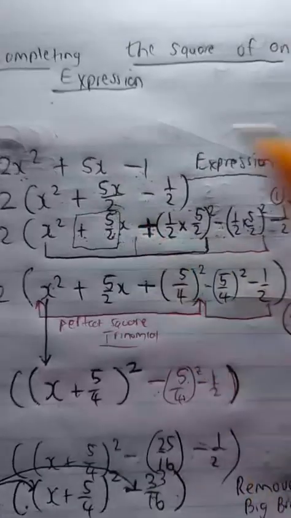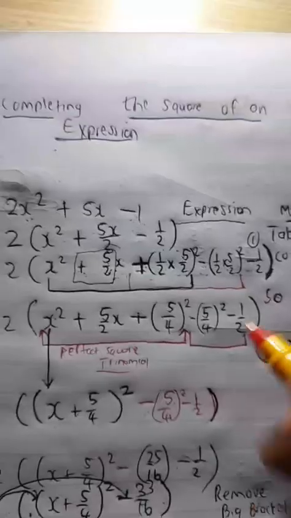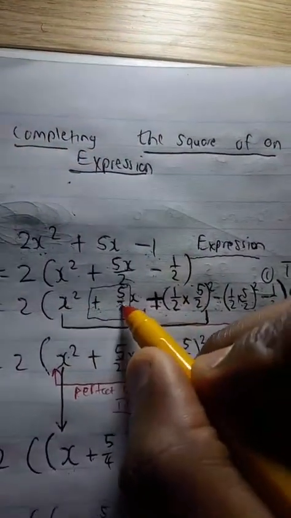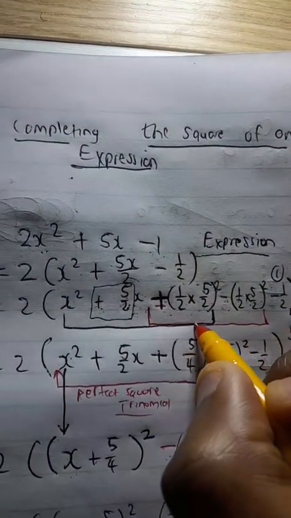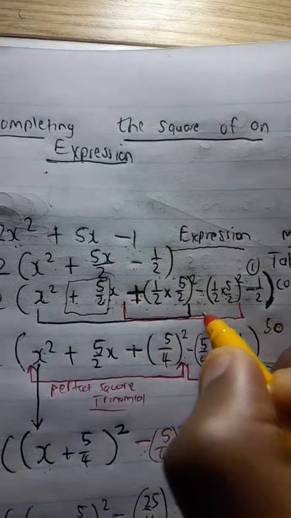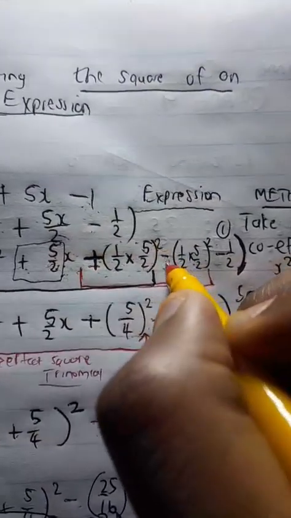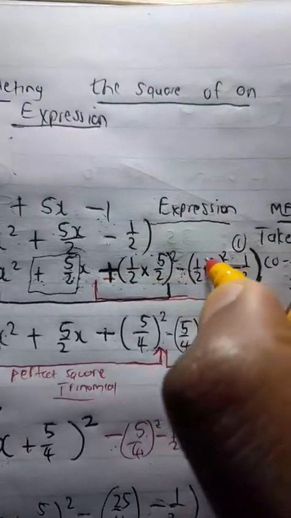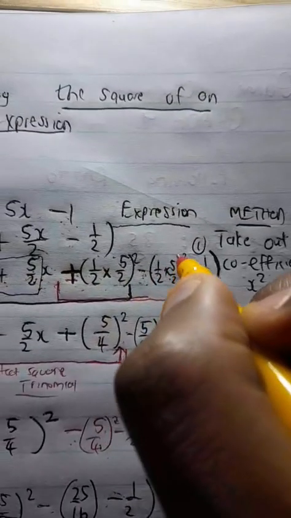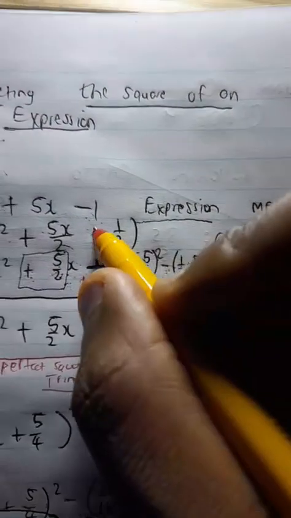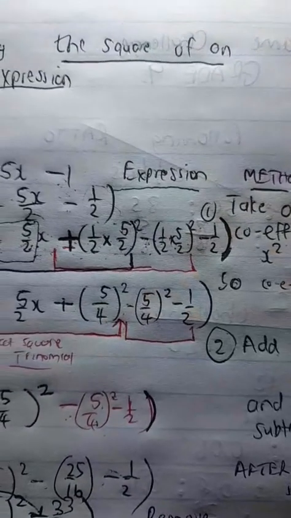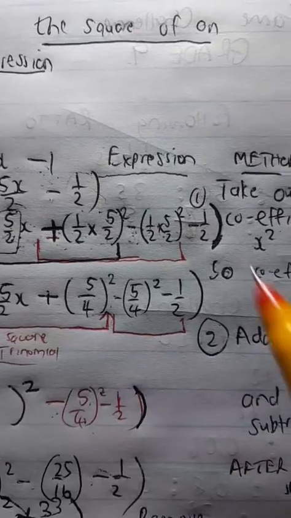So this is a major step, that after the x term, we need to add half the product of the coefficient of x and square it. Then we subtract half the product of the x term and we square it, and then we say minus half. We write this last term as it was there to begin with. This is grade 11.